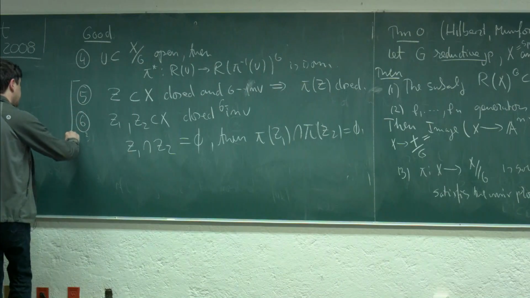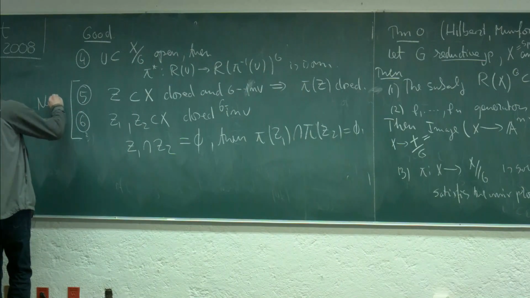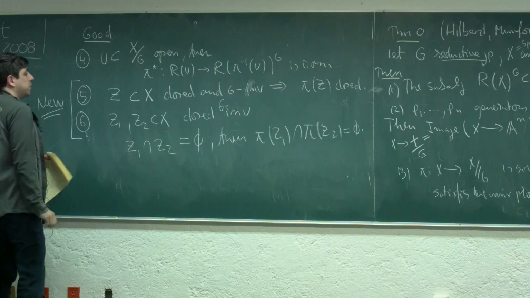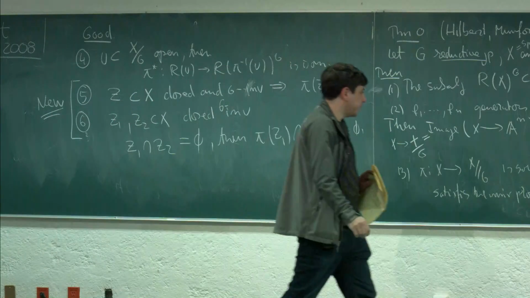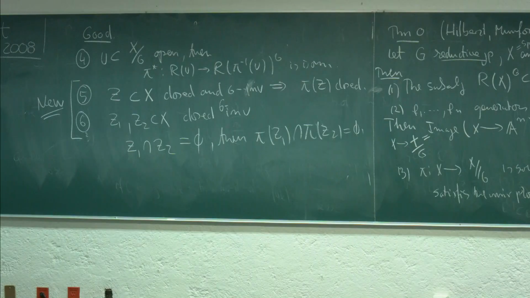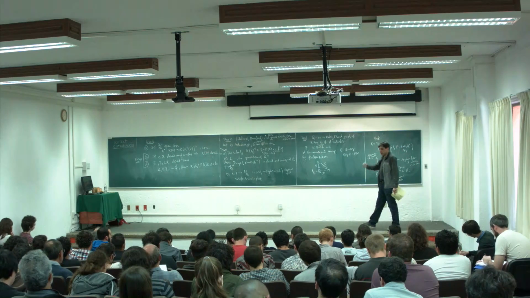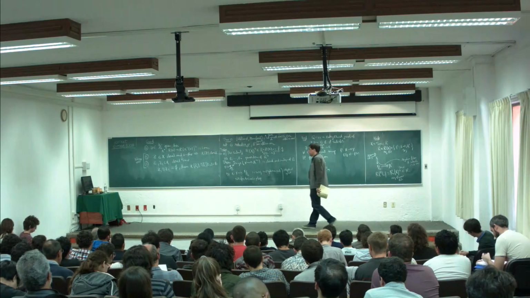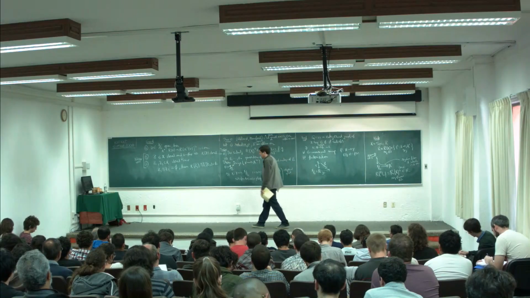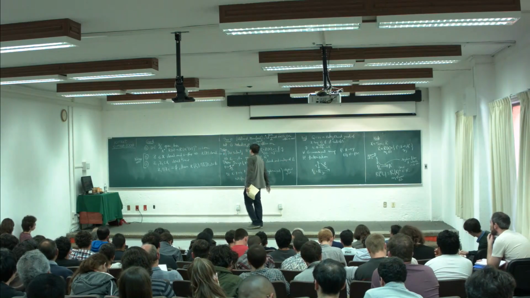These are the new ones; you don't really get those from being a categorical quotient. It comes from the construction. So this is the good part, the existence of a good quotient. And I'll comment on them.